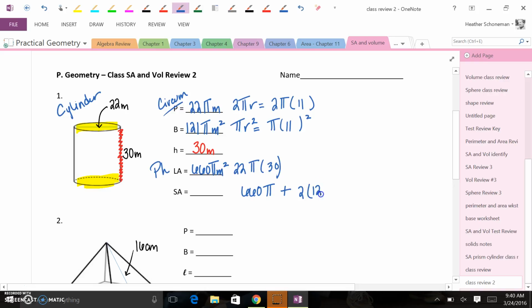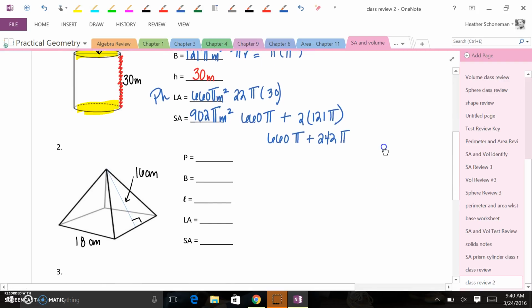Each base has an area of 121 pi. So that gives me 660 pi plus 242 pi. And I add that together for a total of 902 pi meters squared.